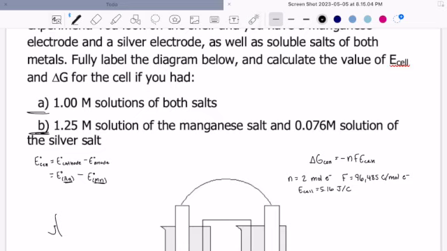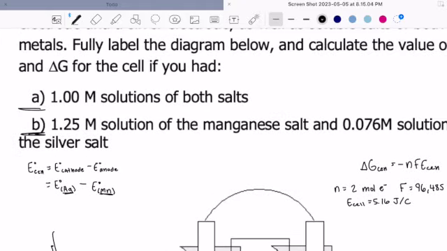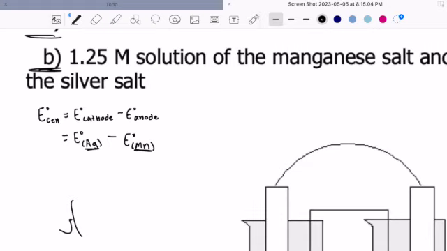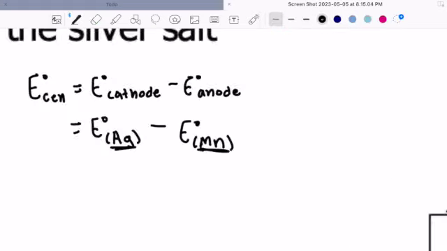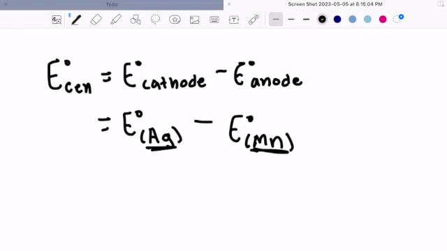So now we are going to find the E cell and delta G of the salts if we had a 1.00 molar solution for both salts. So to find the E cell, we are going to use the equation E cell equals E cathode minus E anode. Since the silver is the cathode and manganese is the anode, it will be the E value of Ag minus the E value of manganese.